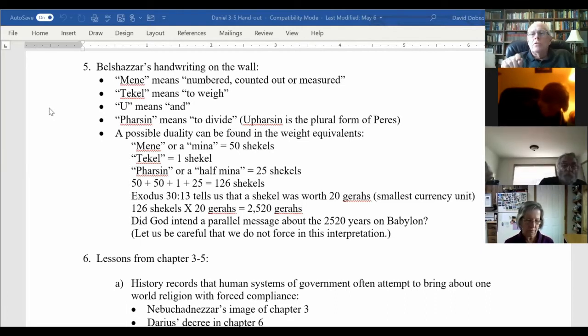But verse 22, see, Daniel is not checking his blows, he's just firing away. He says, but you, his son Belshazzar, have not humbled your heart, although you knew all this. So he fires away. You knew this, so you've got a greater accountability.